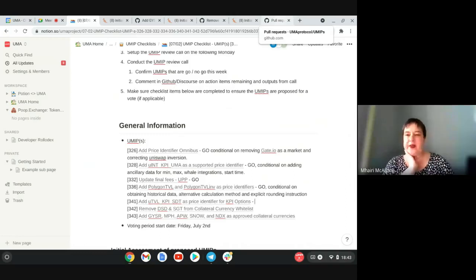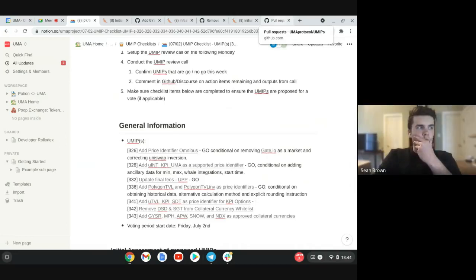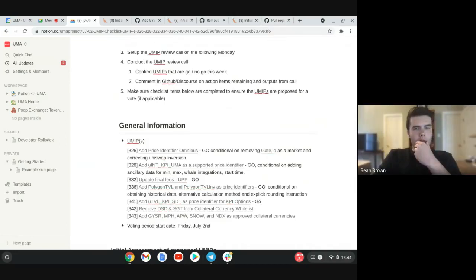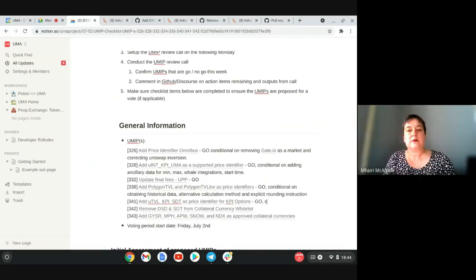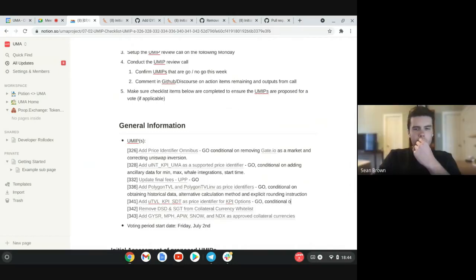So are we saying this is a go conditional on obtaining historical data and alternative calculation method again? I think so, yeah. And also that those work.